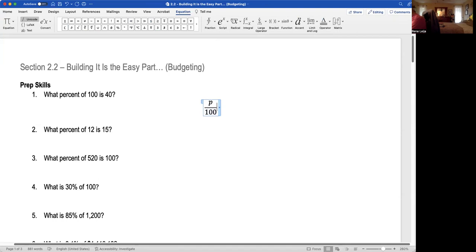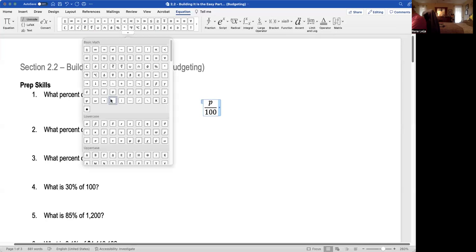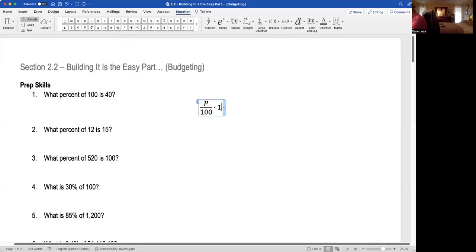So what percent of means to multiply. 100 is the equal sign 40.